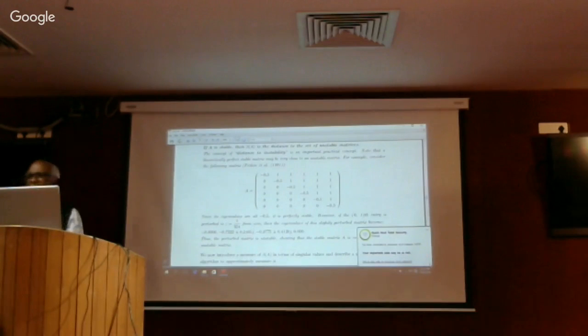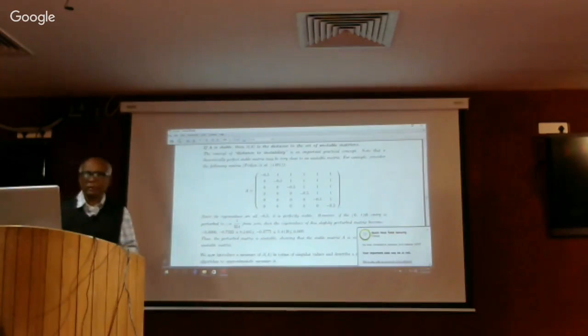Others have negative real parts. This shows that this stable system is very close to an unstable system. A small perturbation makes this stable matrix an unstable matrix.